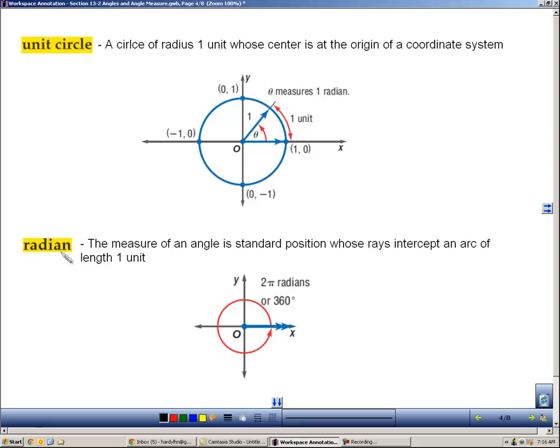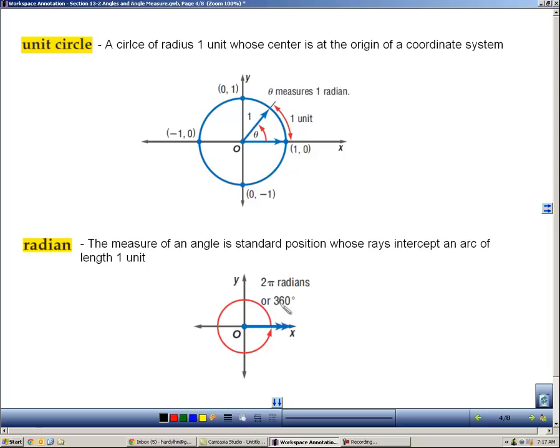We also want to introduce the idea of a radian. A radian is a different way of measuring angles, not in degrees. It starts by having an angle in standard position, but the rays intercept an arc of length 1 unit. So if you go up here and you see the arc that has a length of 1 unit, and you spin this ray around it, you create a radian measure of 2 pi.